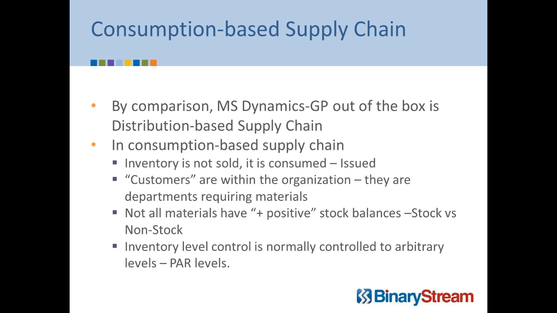And lastly, inventory control in consumption-based supply chain is not controlled by maximums, minimums, averages, means, and such. It's controlled more through arbitrary levels that are set, called PAR levels. Again, we'll explain that in more detail as we go through our presentation today.